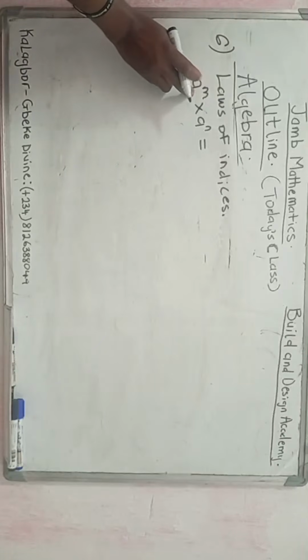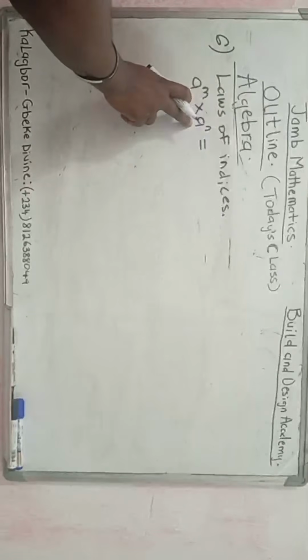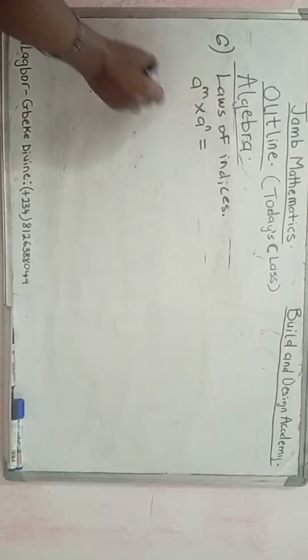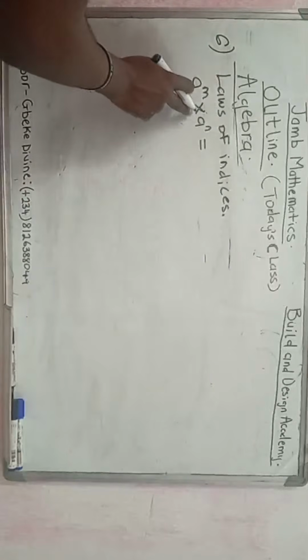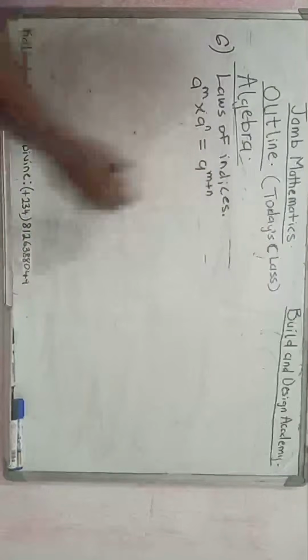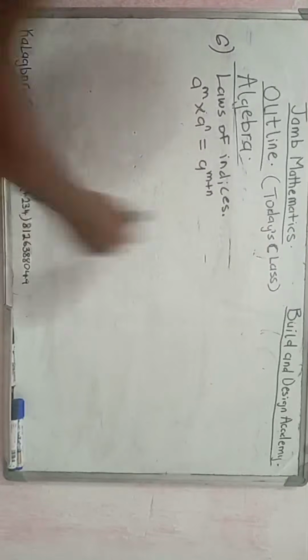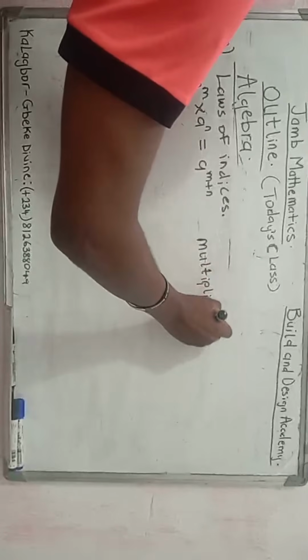So a will multiply itself m times, and a will multiply itself n times. So for this law, this is called the what? Multiplication law. For the multiplication law, a raised to power m times a raised to power n will be what? a raised to power m plus n. Which is the multiplication law.